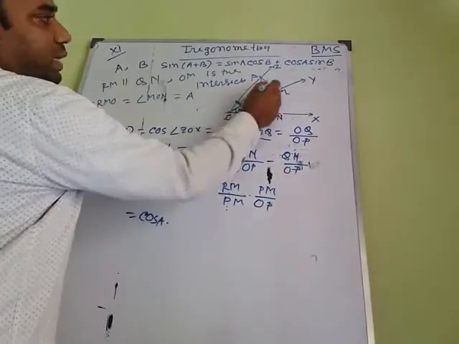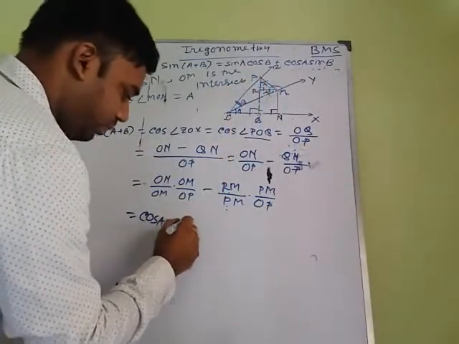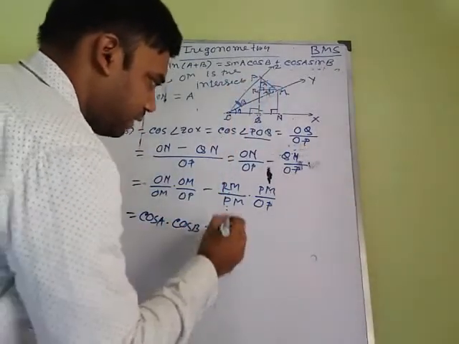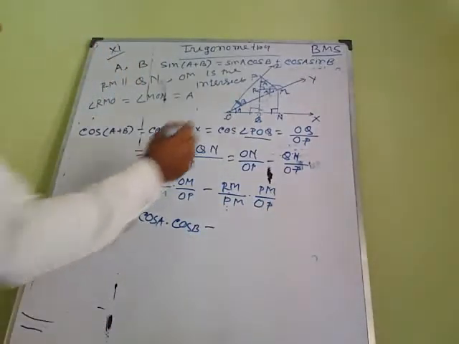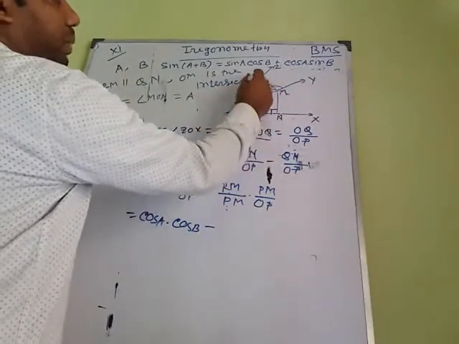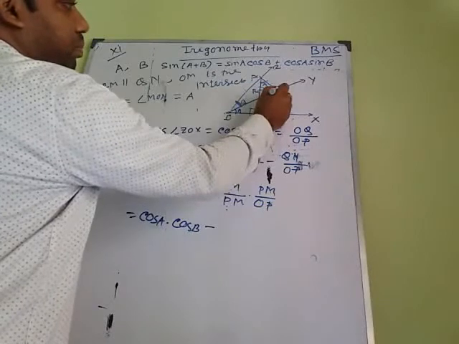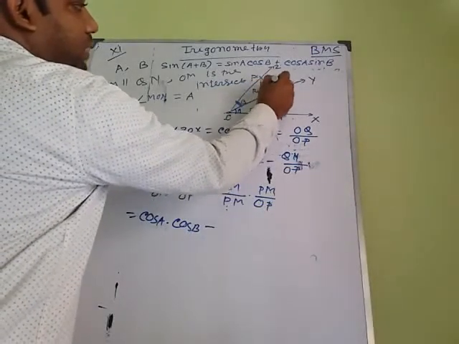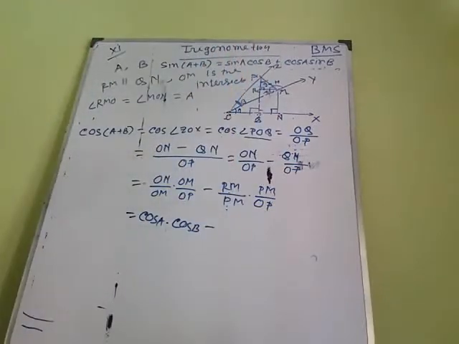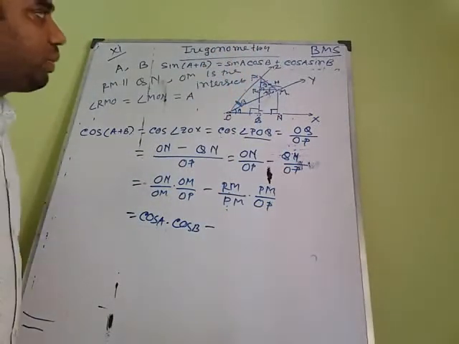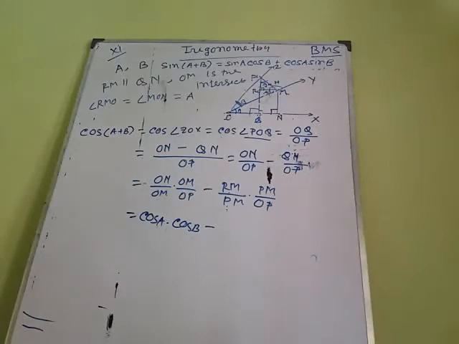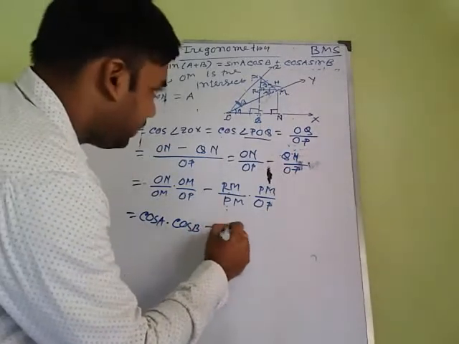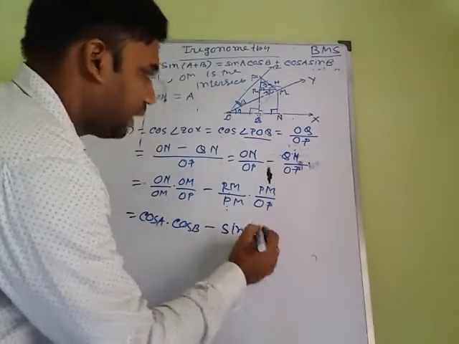This one is taken, that is cos B, minus PM, RM by PM. That is the hypotenuse. That angle is A. So that will be perpendicular by hypotenuse, that is sin A, and PM by OP.